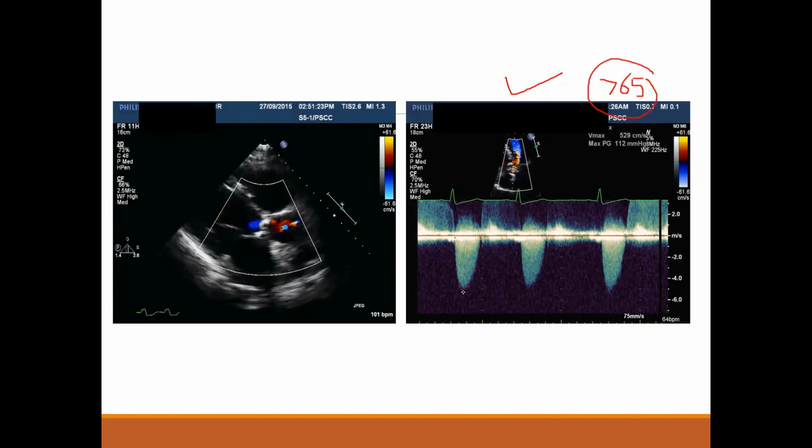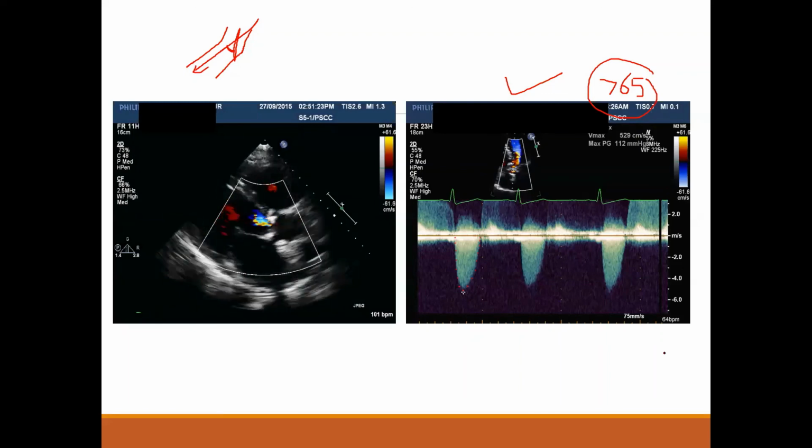Sometimes the jet itself might be elusive, because in the apical 4 view when you open the aorta it's like this. So if the jet goes this way and you put your interrogation line this way, there is an angle. Whenever there is an angle between your interrogation line and the actual jet line, you are going to underestimate the velocity.